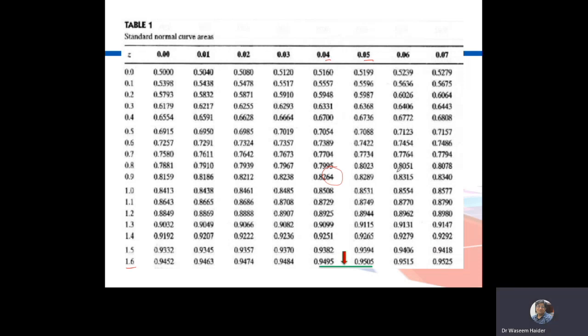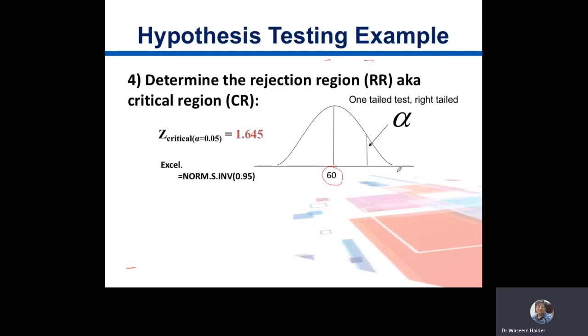So it is 1.645. We can also get it from Excel: NORM.S.INV of 0.95. We plug in 0.95 because we are looking for the right tail. If you plug in 0.05, it will give you the value on the left. It will be the same number with the opposite sign, that is a negative sign.